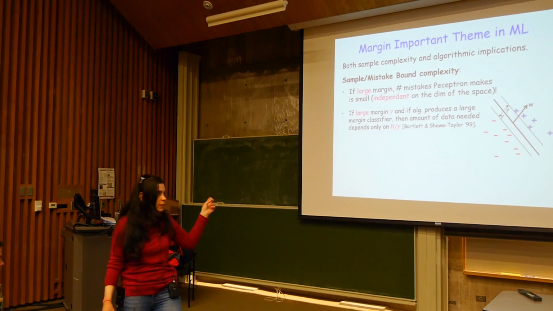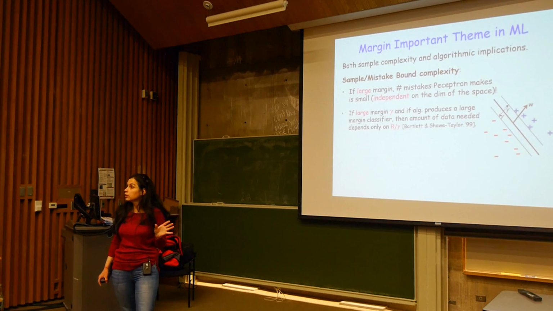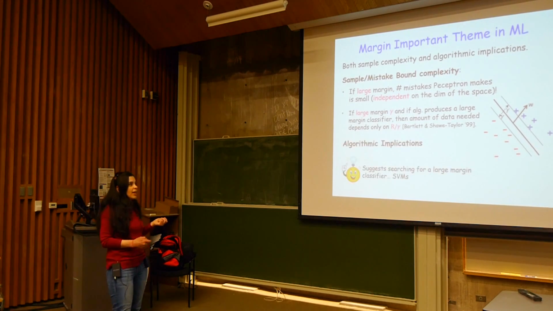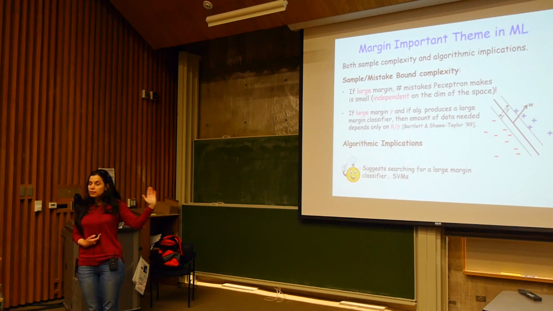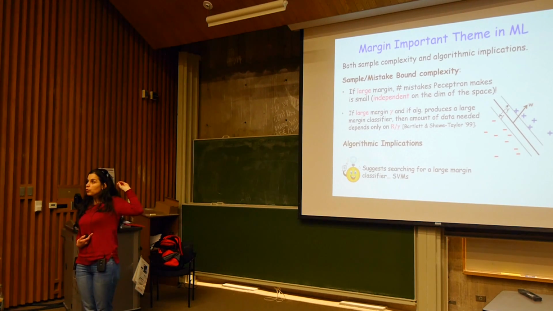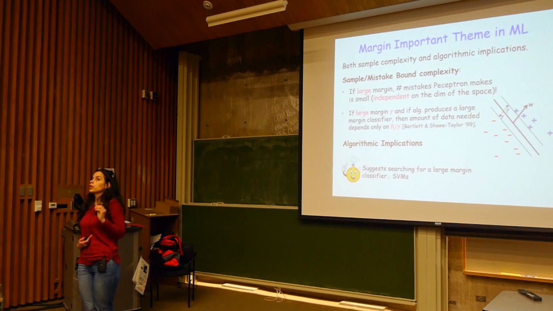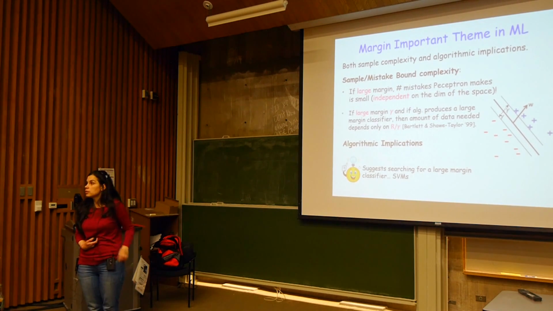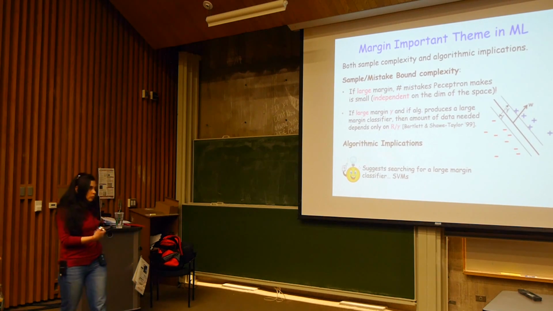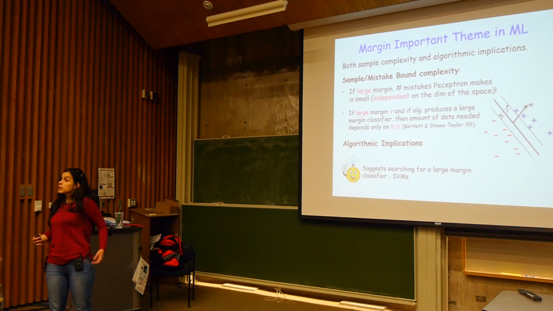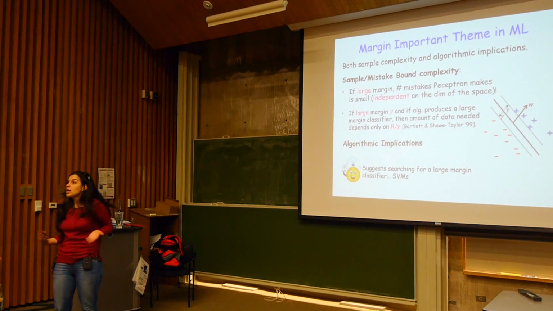Okay, so this is a very interesting sample complexity statement. It's kind of cool to know. And actually, it has immediate algorithmic implications. This type of guarantee directly motivated the support vector machines algorithm, the SVM algorithm. Basically, this statement implies that it's a good idea to search for separators that have a large margin, right?